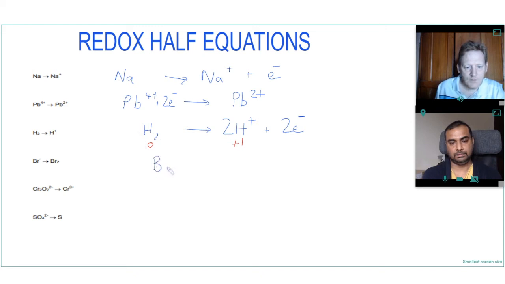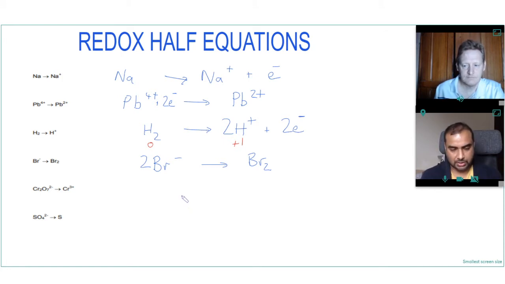So next one, Br- to Br2, bromine. Again, to form molecular bromine, which has 2 atoms together, you must start off with 2 bromide ions on the left-hand side. The bromide ions would each have had an extra electron, which is why they are bromide ions.